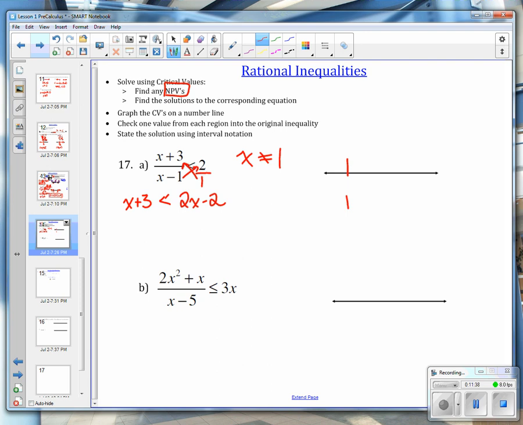And now we can combine, so I'm just going to minus x plus 2, just bring everything over to one side. So that's going to be 5 is less than x. So obviously 5 has to be a critical value, because again, we're solving for that.